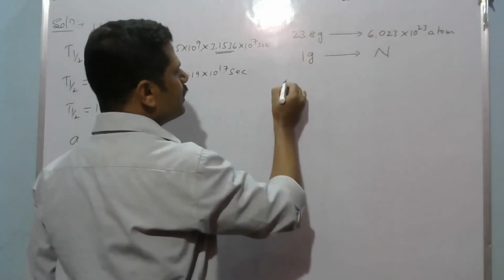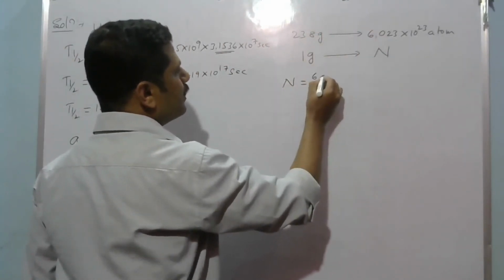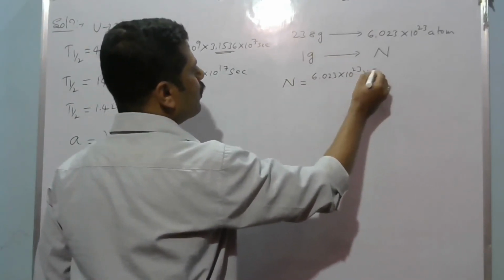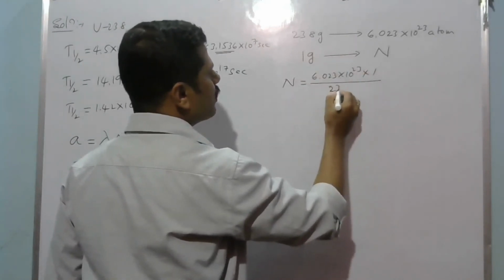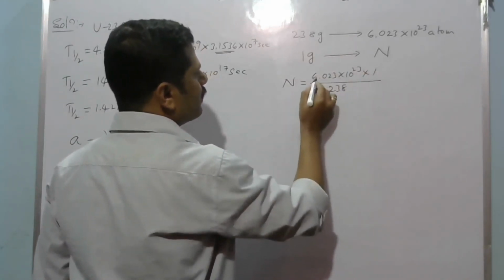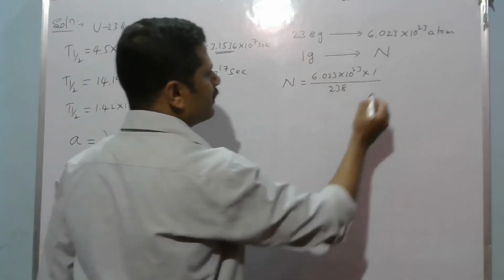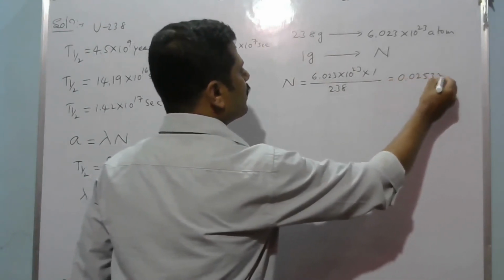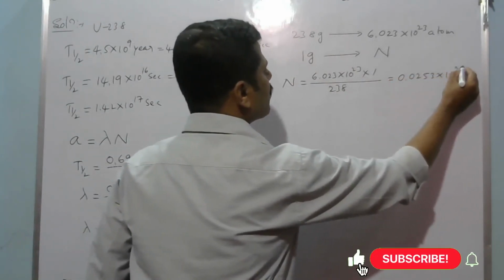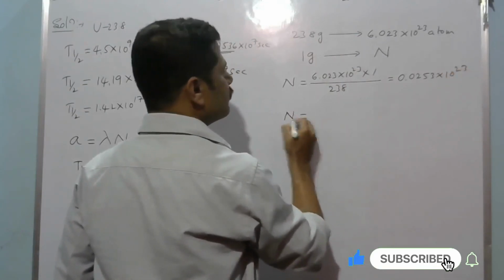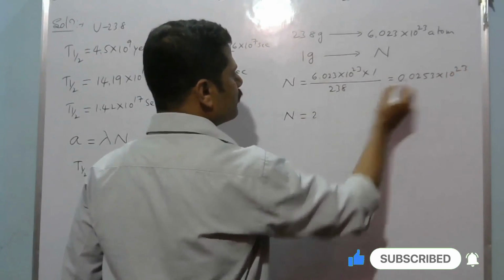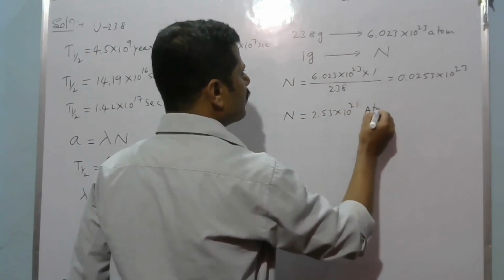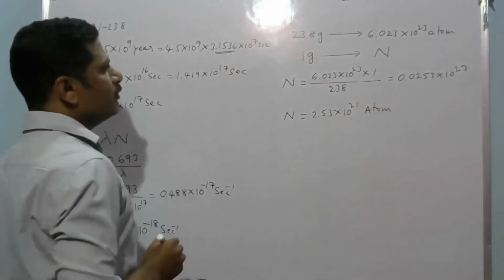On cross multiplying, n is equal to 6.023 into 10 to the power 23 into 1 divided by 238. 6.023 divided by 238 is equal to 0.0253 into 10 to the power 23. That is, n is equal to 2.53 into 10 to the power 21 atoms.